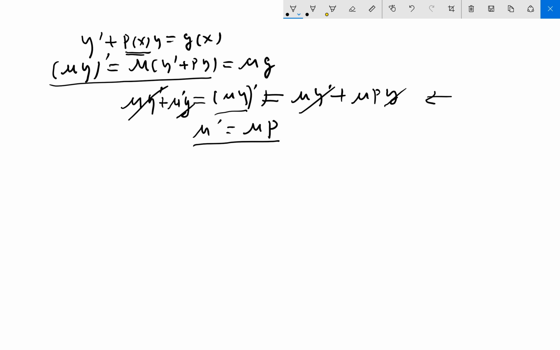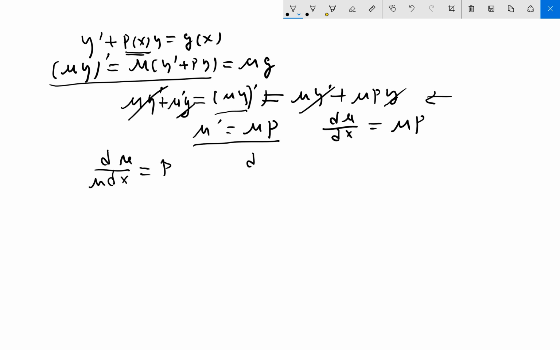However, this differential equation is easier to solve because they can be written like this: d mu dx, that's prime, means mu times p. If we divide the mu on both sides, we got this. Then we multiply dx on both sides.